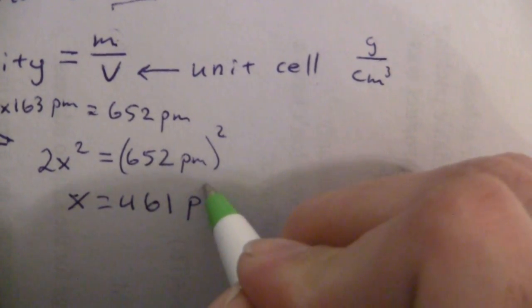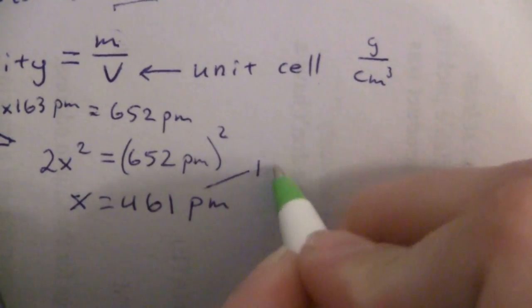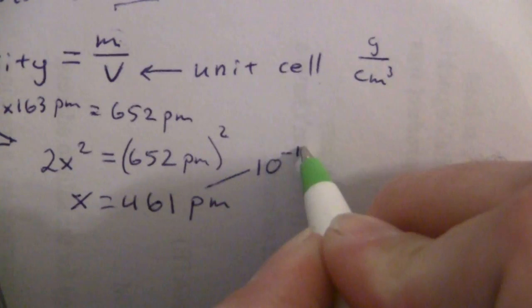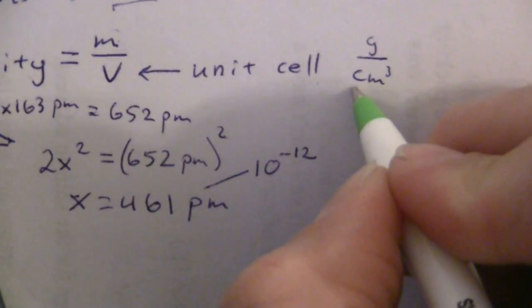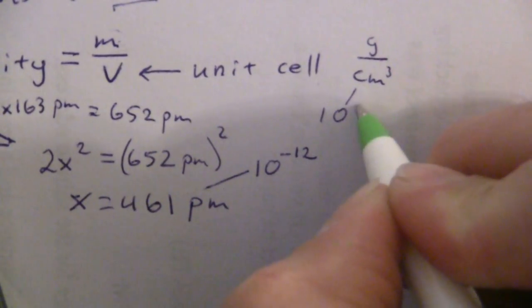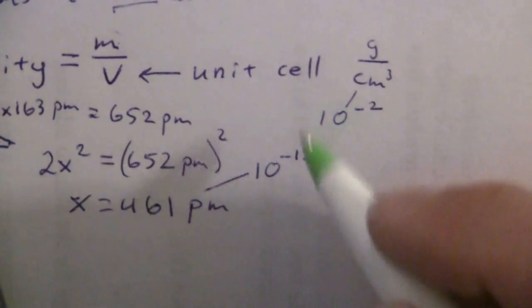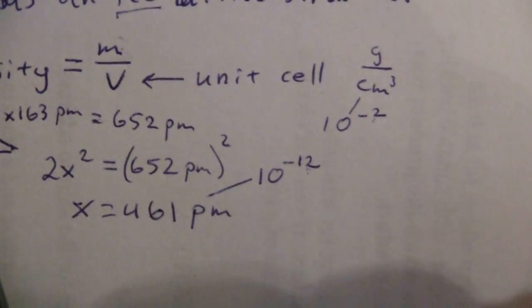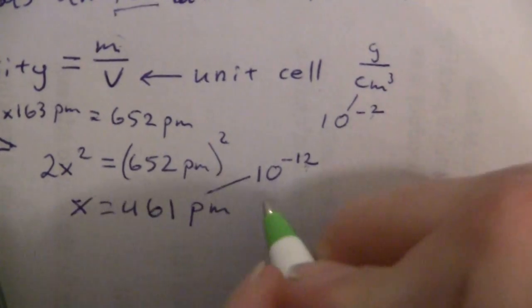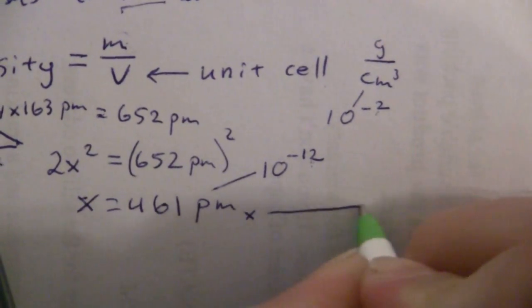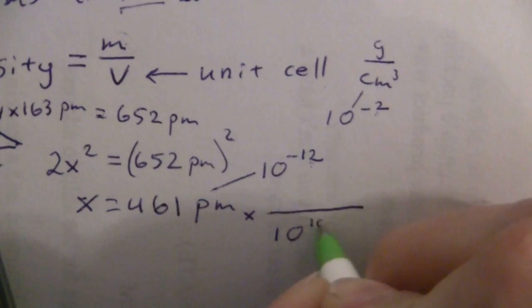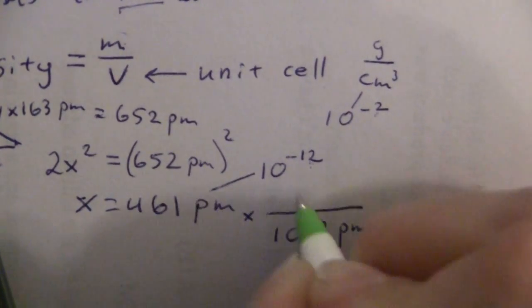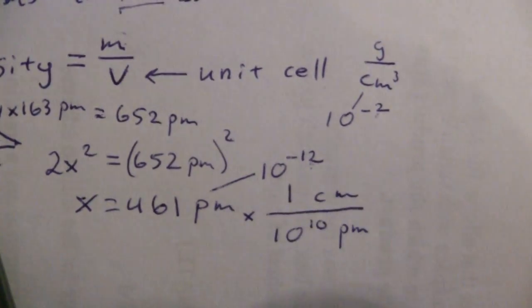A pico is 10 to the minus 12th, and centi is 10 to the minus 2. So we have a difference of 10 to the minus 10th here, or we can say there are 10 to the 10th picometers in 1 centimeter.